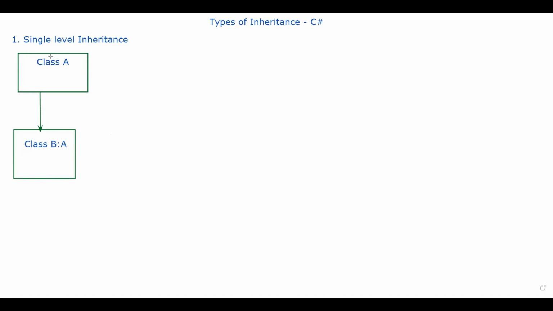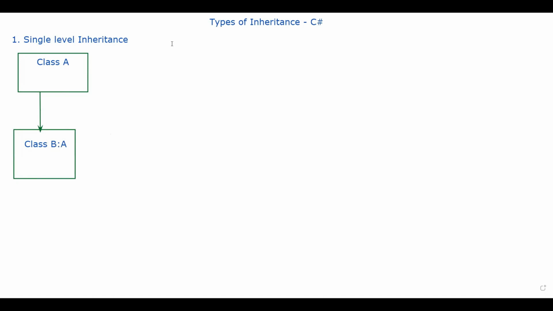Inheritance is one level. Now the A class is the parent class, base class, or super class. Class B is the child class, derived class, or subclass.